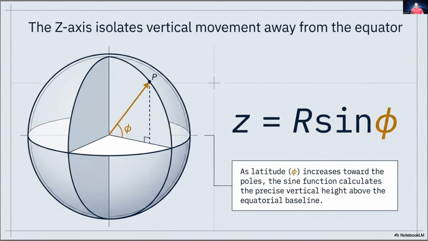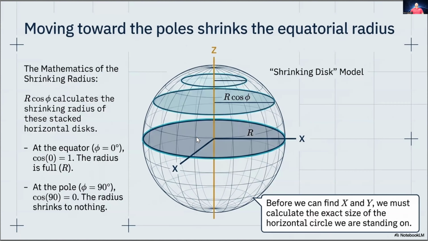As latitude omega increases toward the pole, the sine function calculates the precise vertical height above the equatorial baseline. This omega we call latitude. Moving toward the pole shrinks the equatorial radius, shrinking this model.